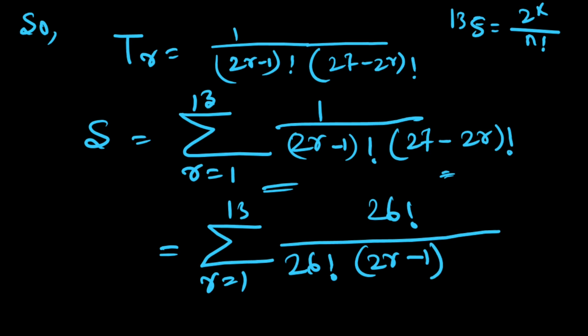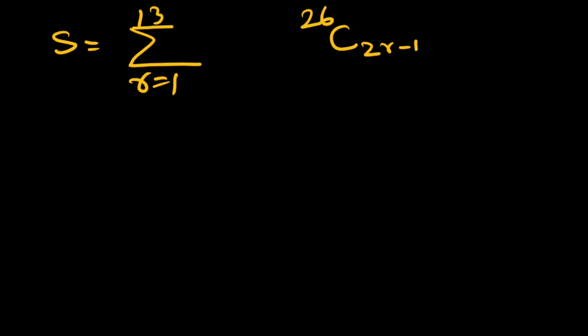(2r minus 1) factorial, (27 minus 2r) factorial. Therefore s is equal to the summation for r from 1 to 13 of 26C(2r minus 1) over 26 factorial. Why this term 26C(2r minus 1)?